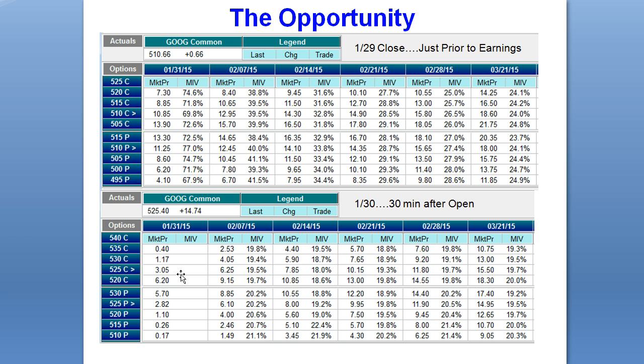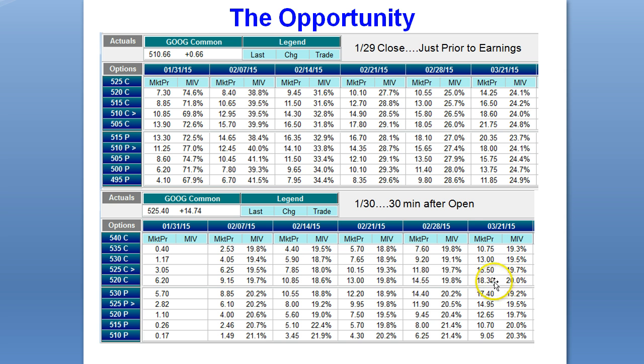That's a dramatic drop. Go out to the far distant one, March 21st. These were in the 24 range, dropping down to the 19 and 20 range. Not as much of a drop. You see that? The front expirations dropped far more dramatically than the distant expirations.